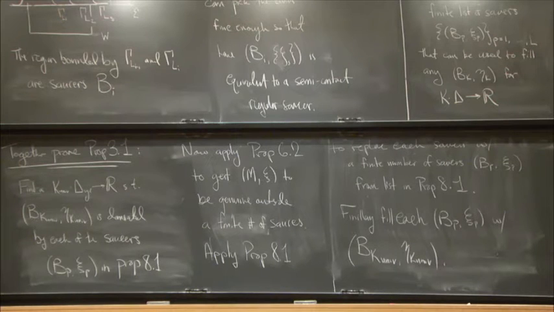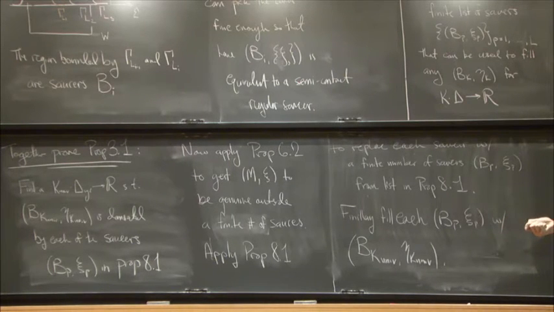Proposition 6.2 gave me, given a manifold and an almost contact structure, a finite list of saucers. I can find some finite number of saucers that fill it, and in each of those saucers I can put some B sub k.